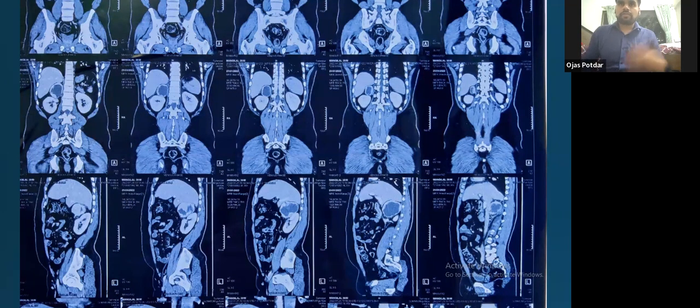Even in fat poor adenomas, the density will be slightly more than 10, like around 10 to 20. In myelolipomas, the density will be somewhere between 25 to 30. And in adrenal hemorrhage, the density will be around 30 to 40 Hounsfield units, sir.